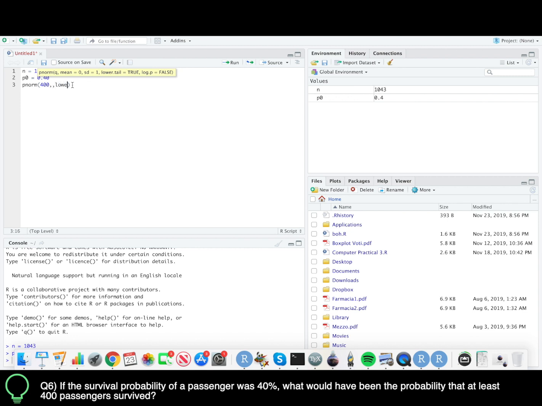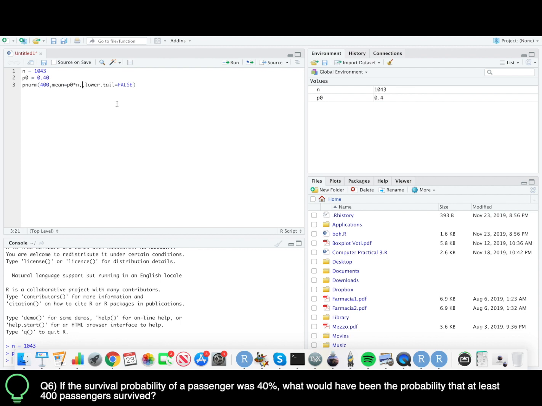Okay, so higher, you know that when we look at the upper tail, we use lower.tail equal FALSE, and this normal distribution has mean equal to 0.4, so p0, the probability of a passenger to survive, times the total number of passengers.